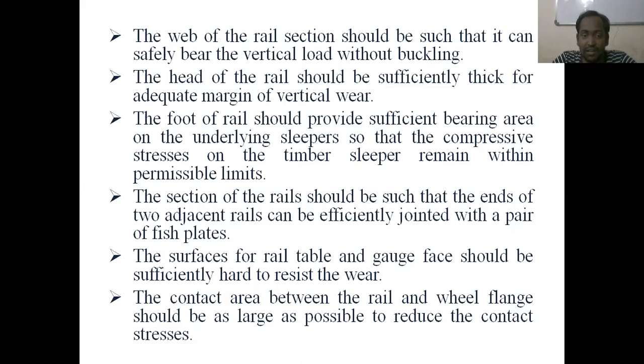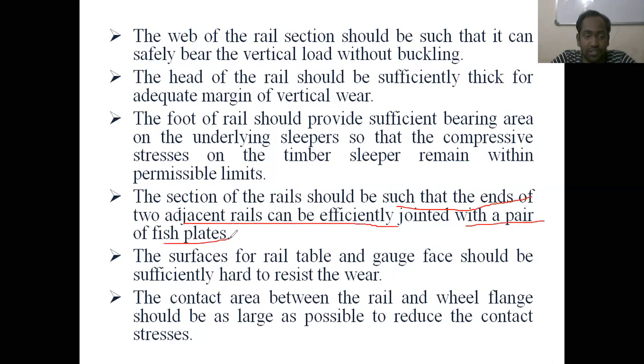The section of the rails should be such that the ends of two adjacent rails can be efficiently joined with a pair of fish plates. So this is one of the important characteristics of an ideal rail.